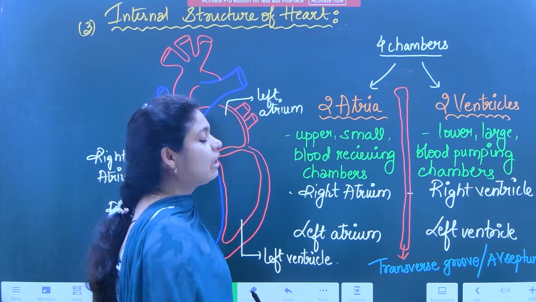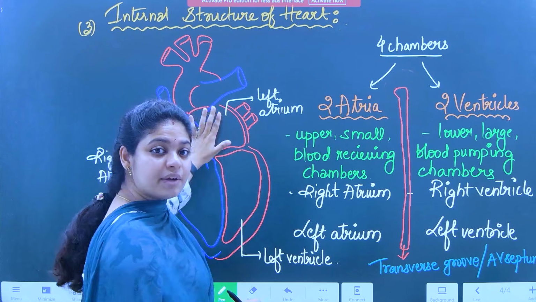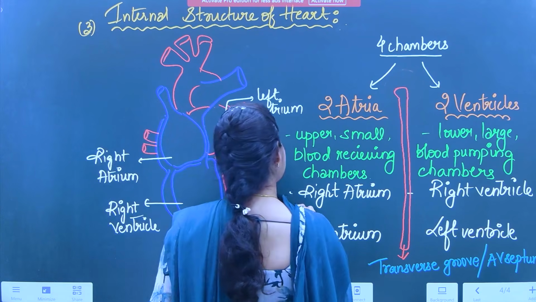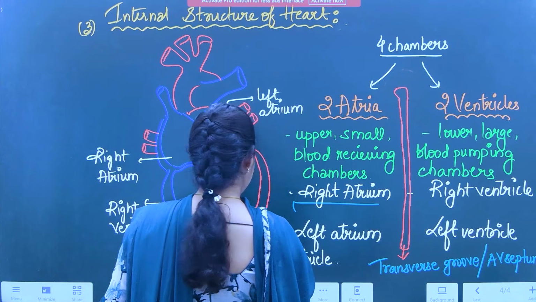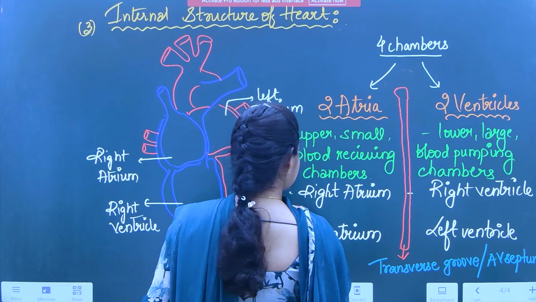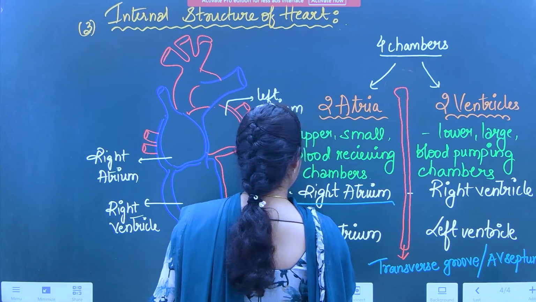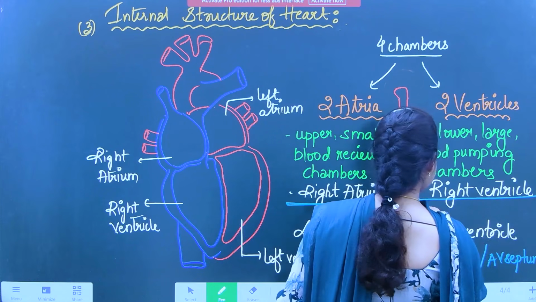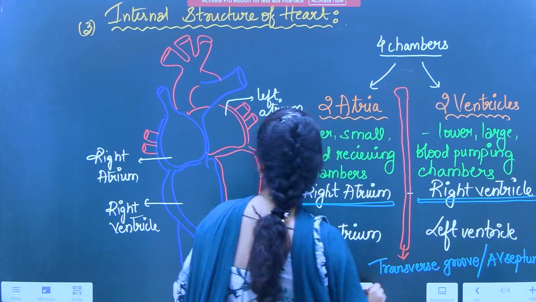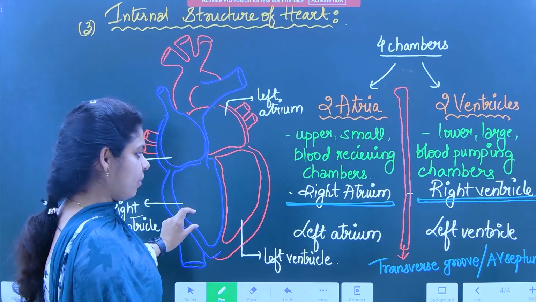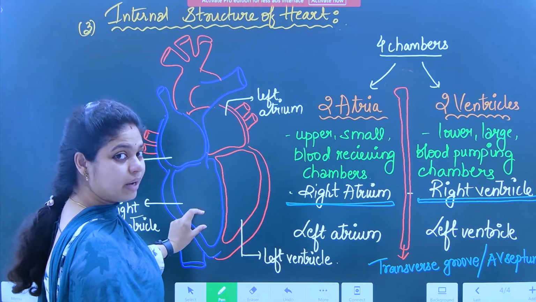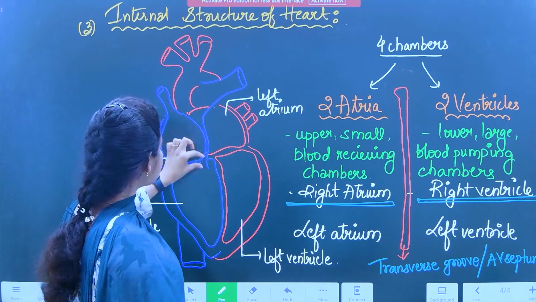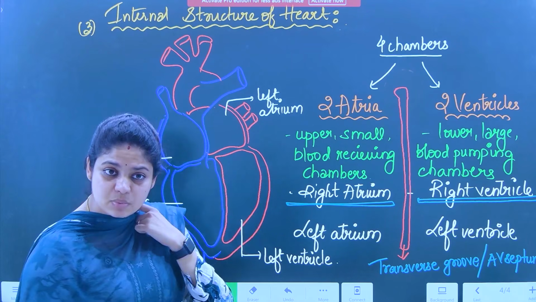Matlab, the septum between atrioventricular. Atrioventricular septum. Understood? I also left space over here. So if you see, there is a separation between both the atria and a separation between both the ventricles as well.